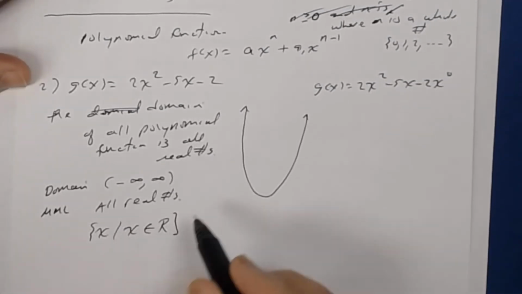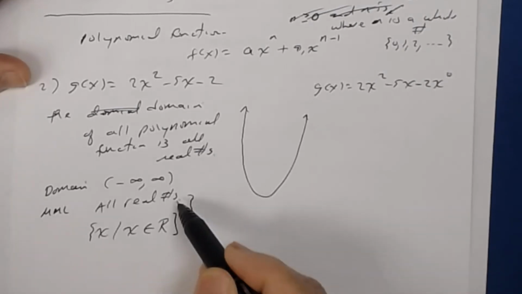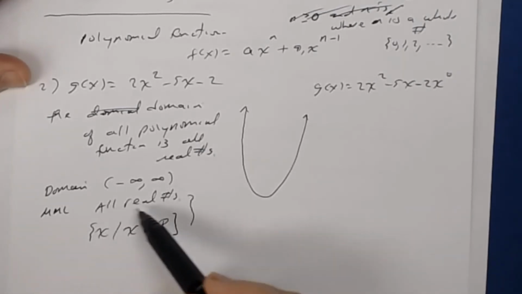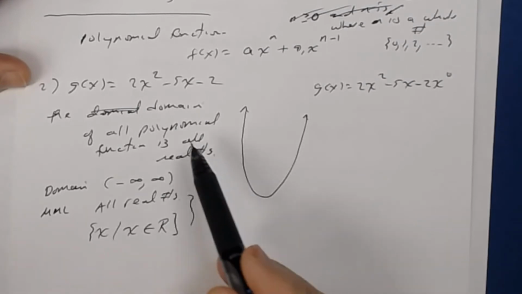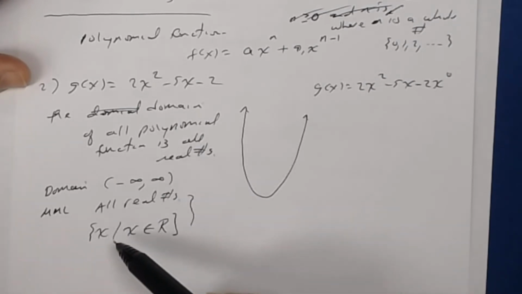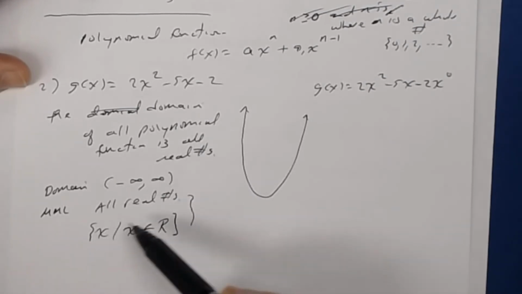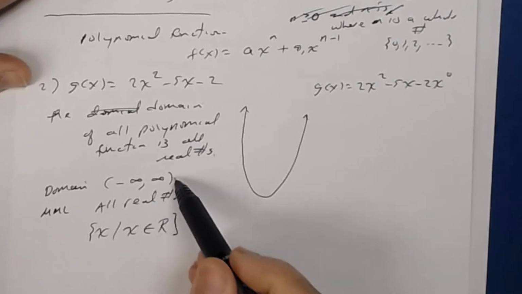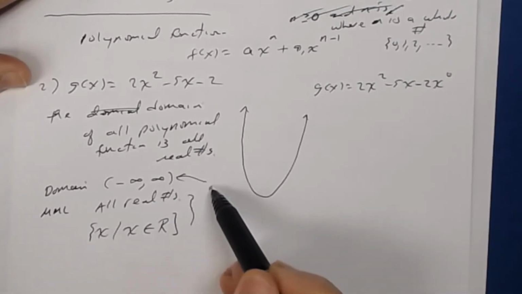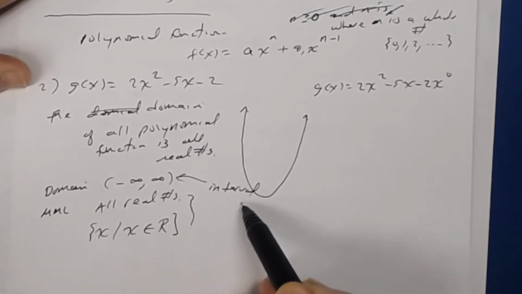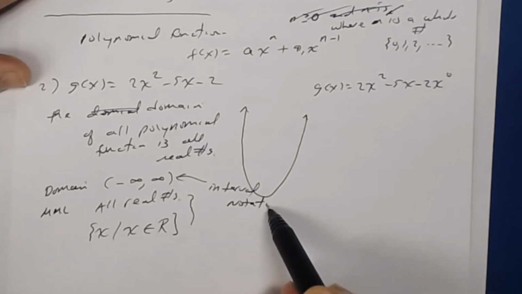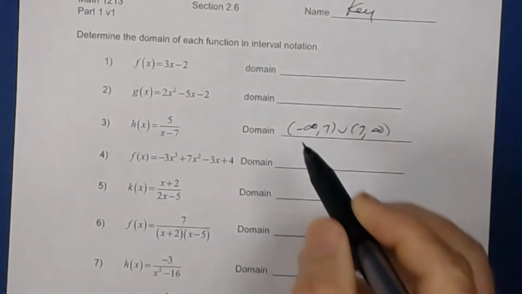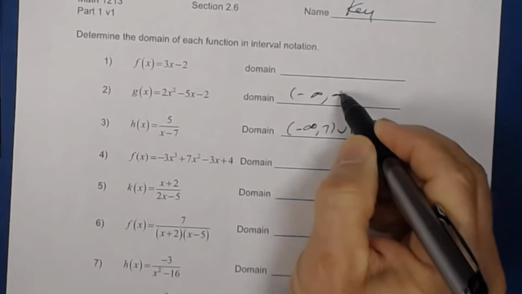All right, so these two mean the same thing. But in MyMathLab, you just say all real numbers. Now on the worksheet, you're going to write interval notation. Okay. All right. So that's going to be negative infinity to infinity.